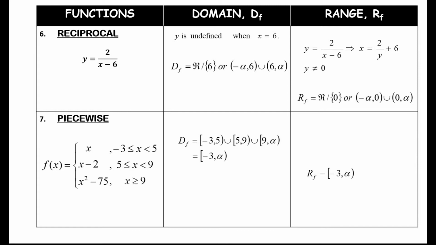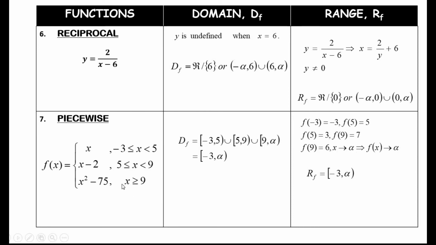So for the range, you can see that f of -3 gives you -3. When f of 5, you get 5. For the second function at 5, you will get 3. For x equal to 9, you'll get 7. And then if you substitute 9 here, you get 6.